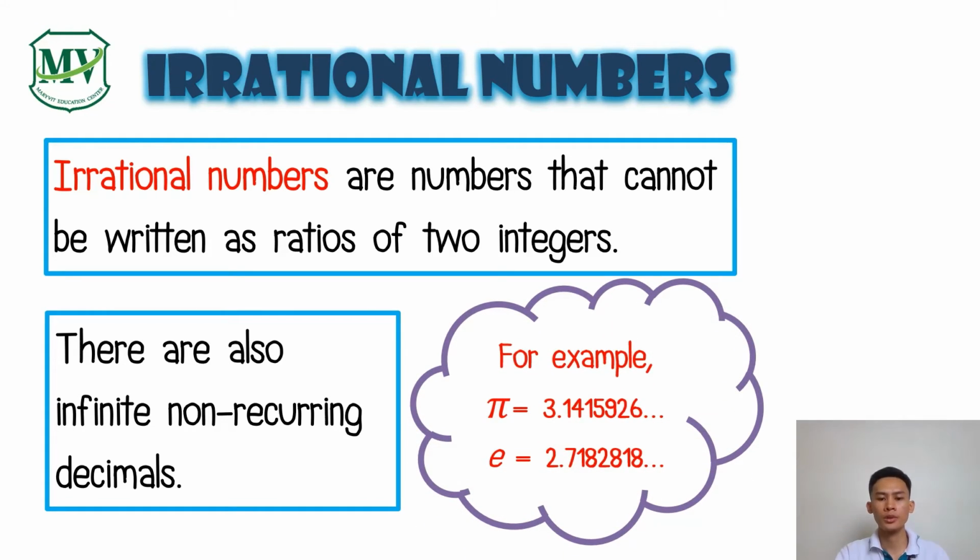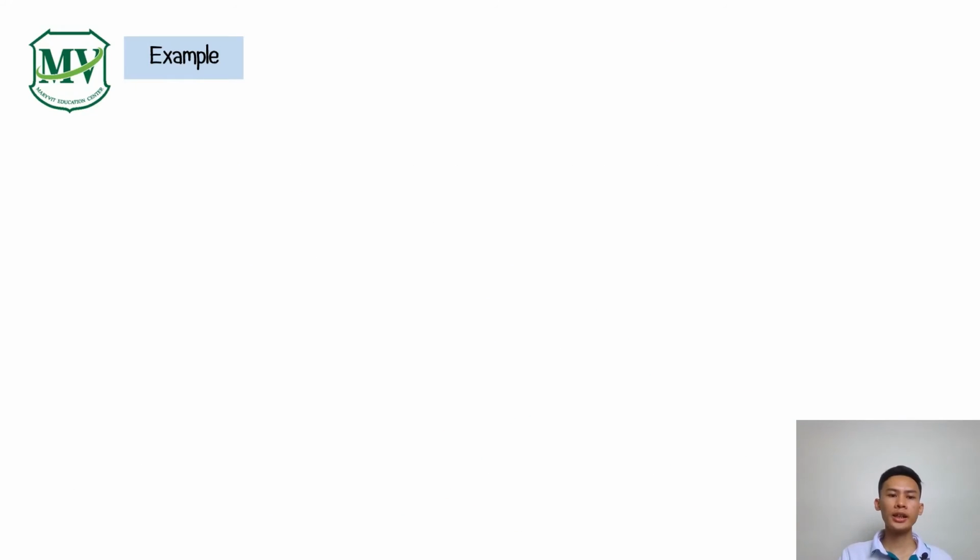For example, pi is equal to 3.1415926 and so on, and e, the constant, is equal to 2.71828188 and so on. So they are irrational numbers.